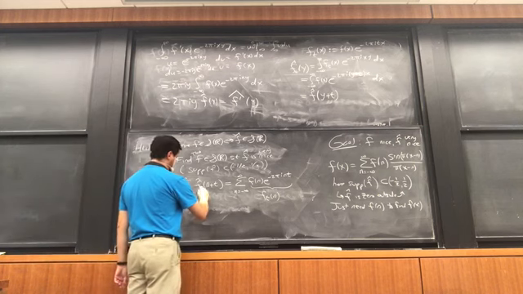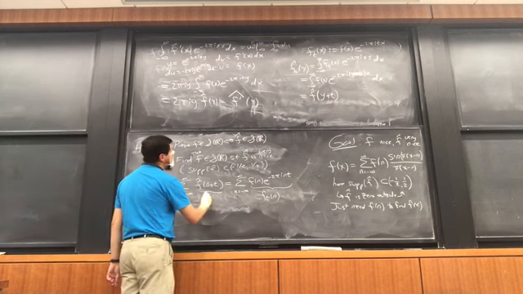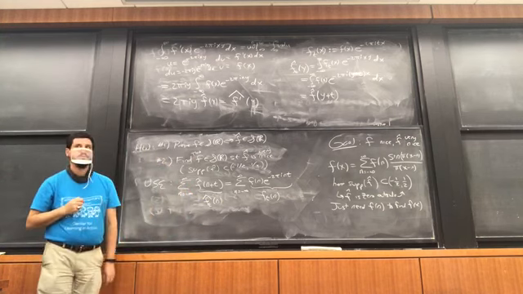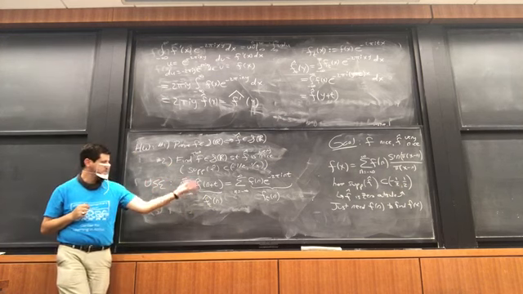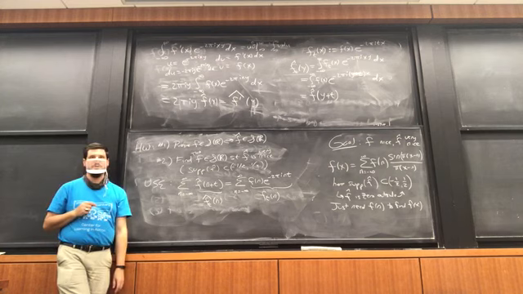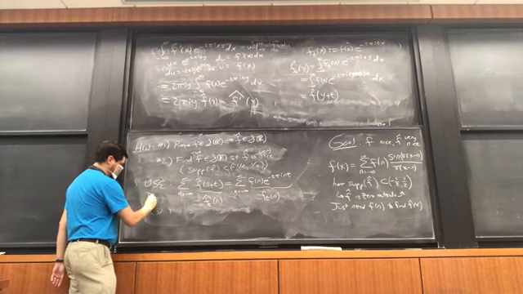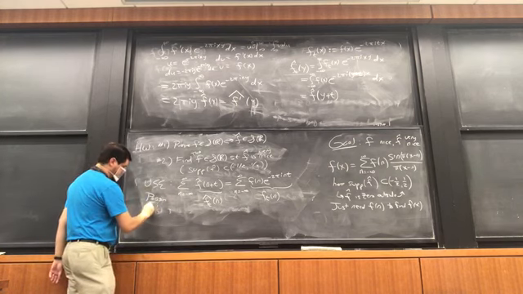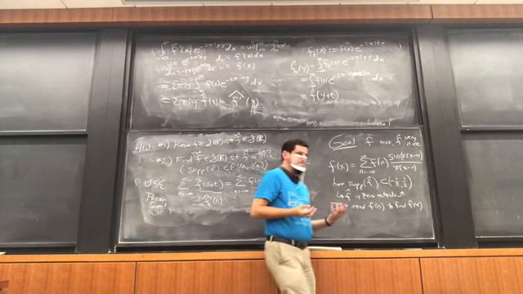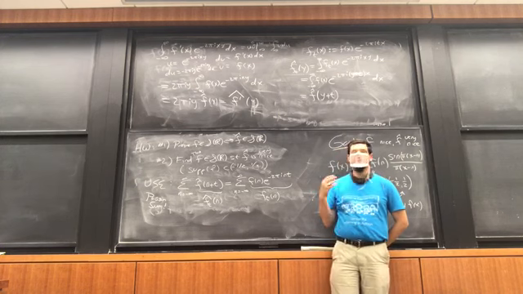And this is just f sub t hat of n. So why is this statement true? Poisson summation. So this was the reason why we've spent so much time proving Poisson summation.